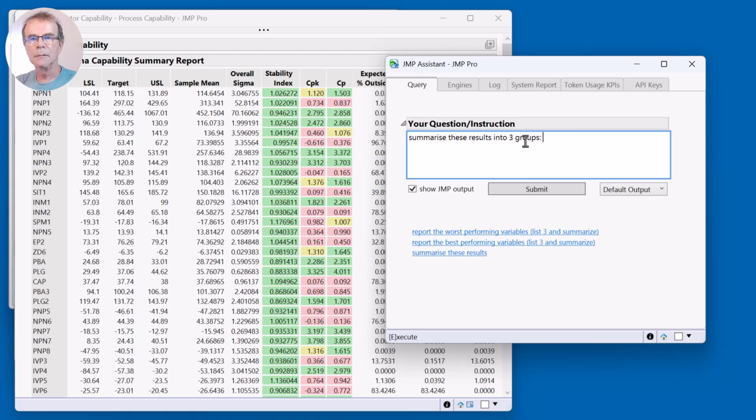capable, not capable, process shift, other. Okay, so there's another. So we're going to have 4 groups. I'm going to let it decide what the other one might be, if any, if required.